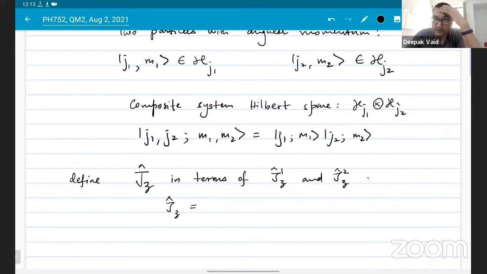Very simple. We just did an example for the case of linear momentum.